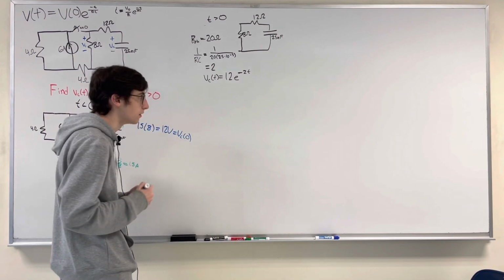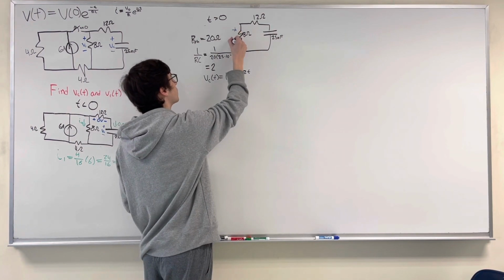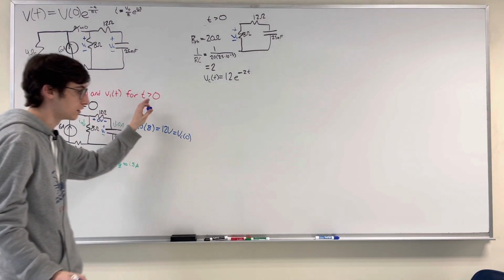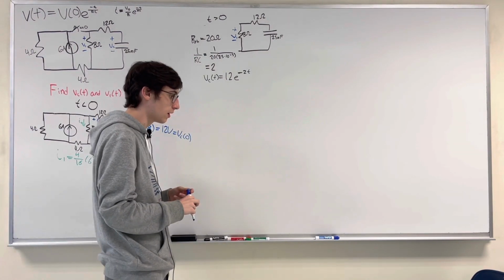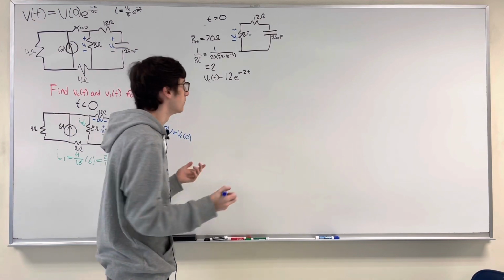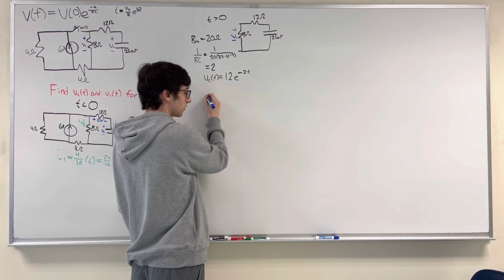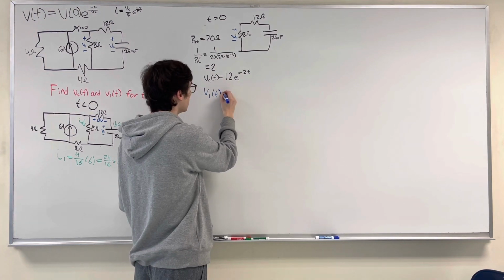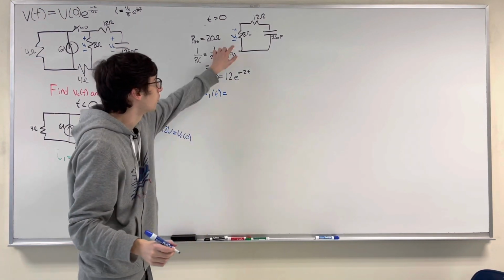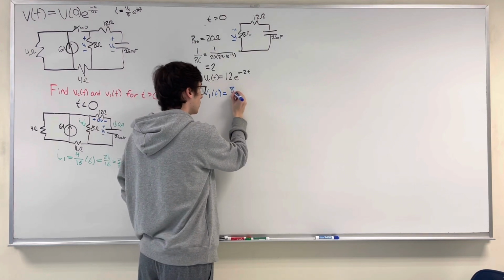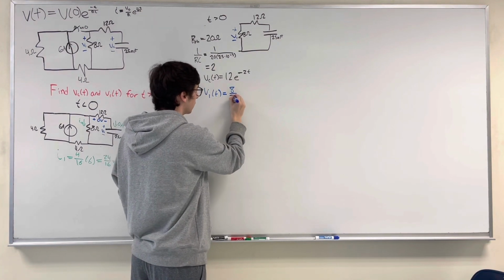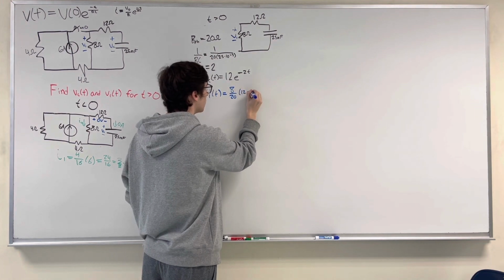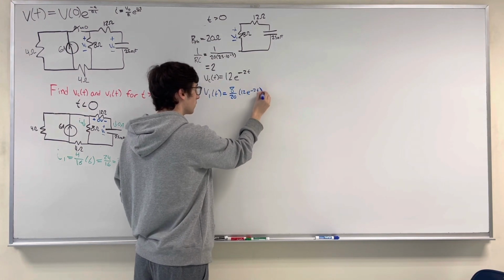It wants us to find the voltage across this resistor, because it says find V1 of t for when t is greater than 0. To do that, we can do some simple voltage division. So V1 of t is going to equal our resistor that we're looking at, which is 8, over the total, which is 20, times our voltage, so times 12e to the negative 2t.